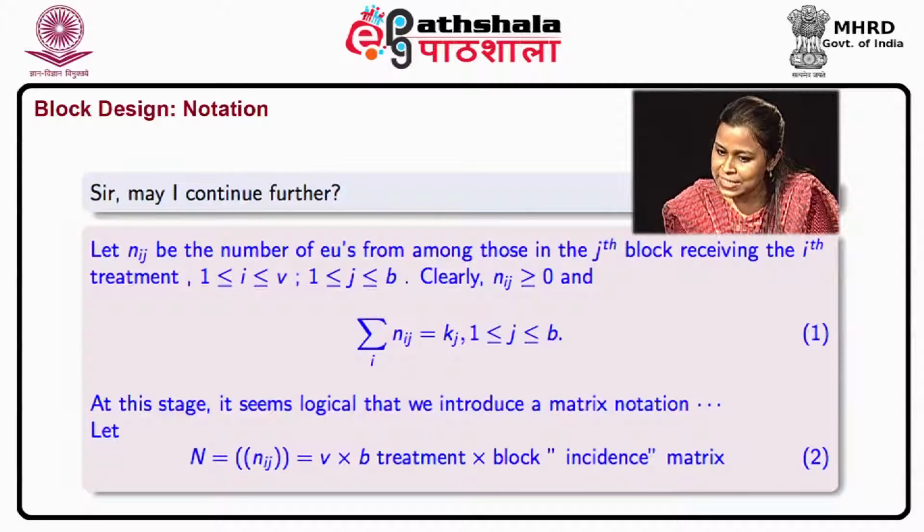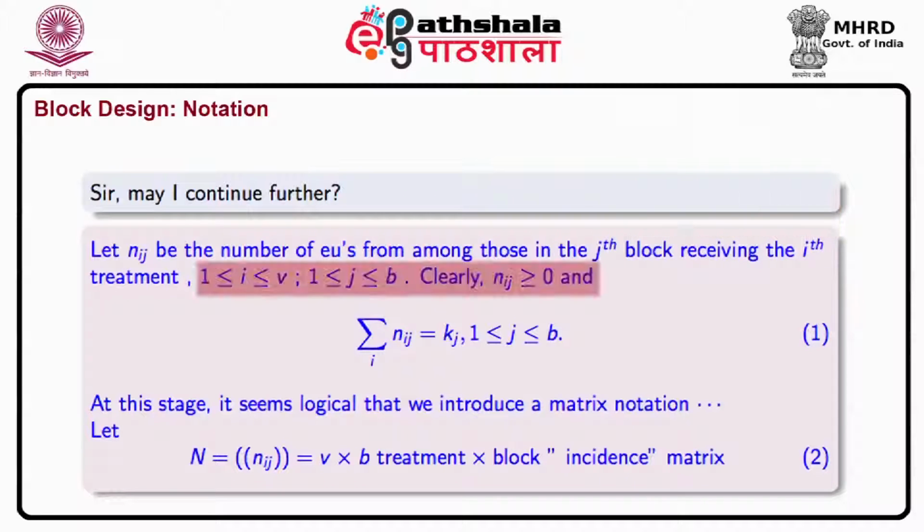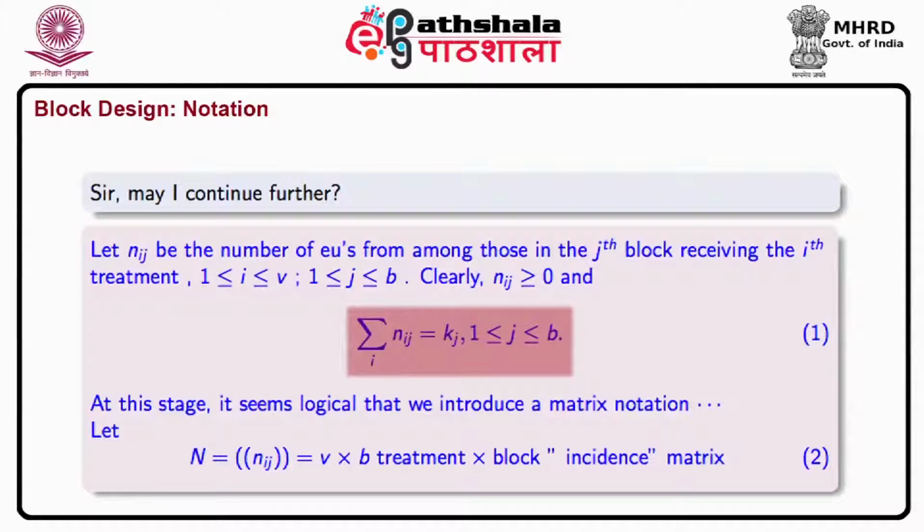So let Nij be the number of experimental units from among those in the jth block receiving the ith treatment, and i is equal to 1 to V and j is equal to 1 to B. Clearly, here Nij's are greater or equal to 0, and sum over i Nij is equal to Kj, where j is equal to 1 to B.